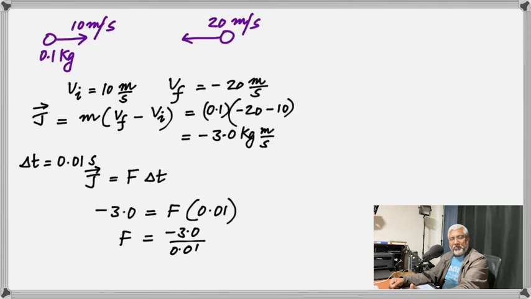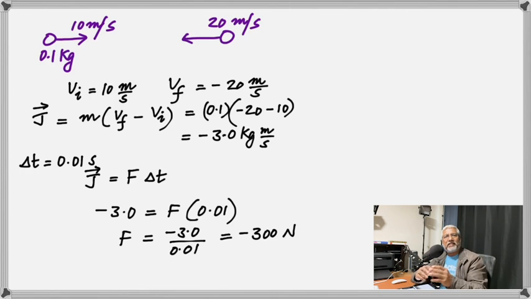Force obviously is going to be big, the force between the bat and the ball is 300 Newton. And the negative just shows that it's an opposing force. That means it's driving the ball back in the opposite direction, as we know.